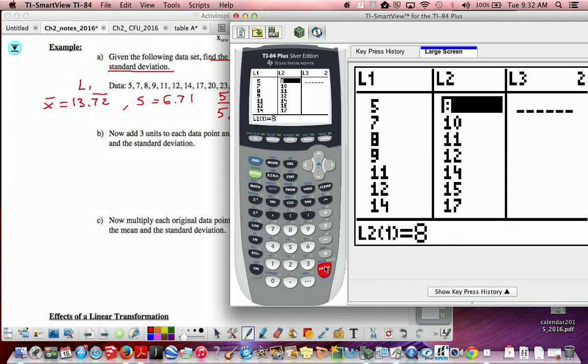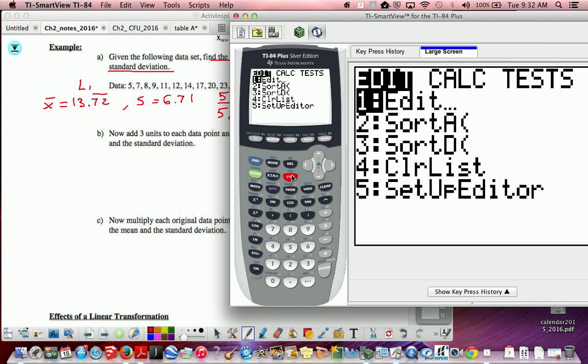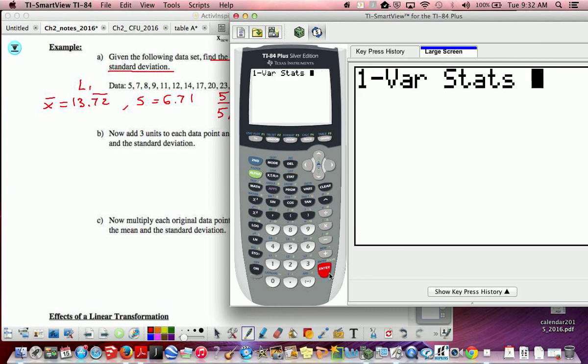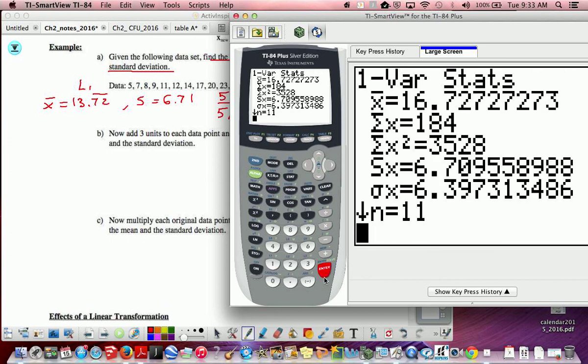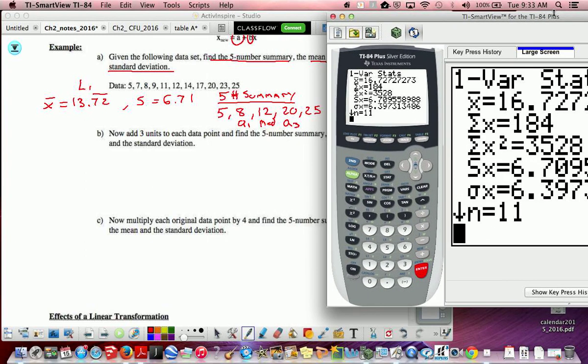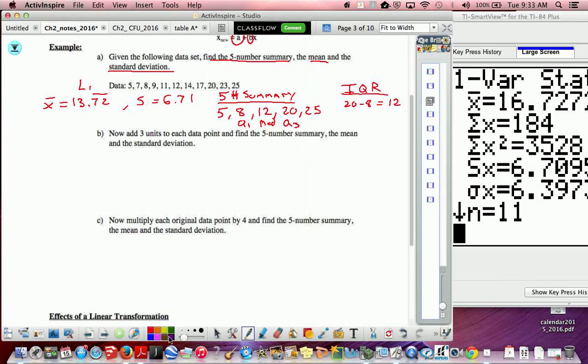So now, let's see what happens to all these measurements. We're going to go Calc, one-variable statistics. I can't hit enter, I have to do it on the list I want. Second 2. So, let's take a look at what has happened now. When we add 3, our mean is now 16.72 repeating.